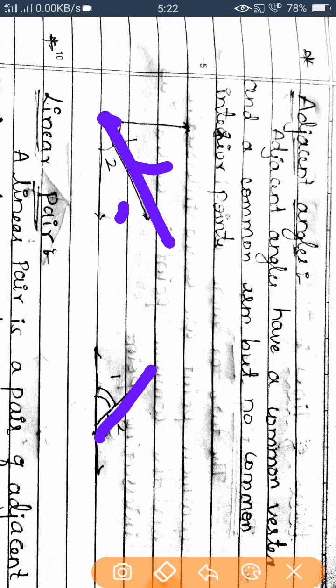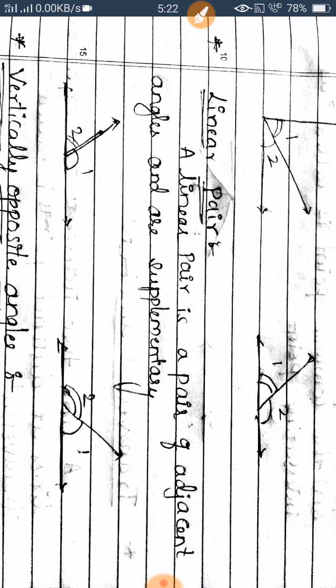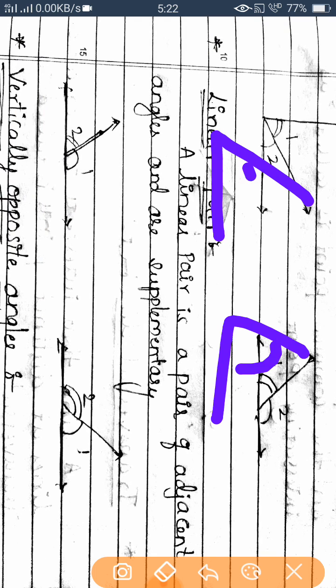Okay, then the next special pair, linear pair. See, this is like 180 degrees, but this is like a supplementary angle only. Supplementary angles say that if you add any two angles, there is no other condition, they need not be side by side.